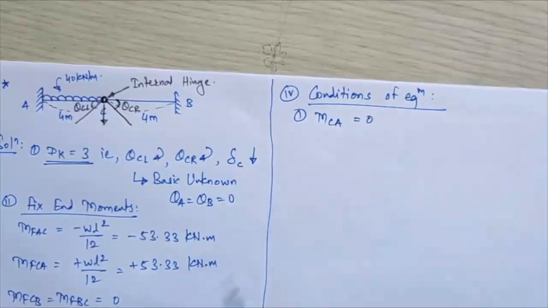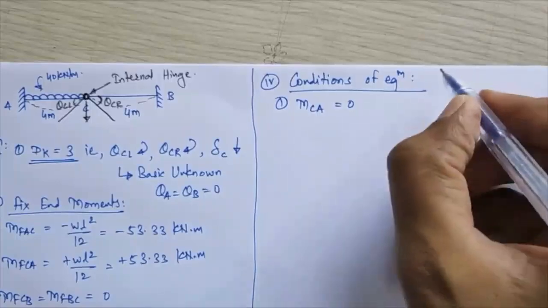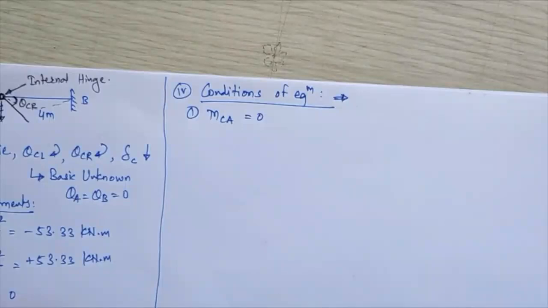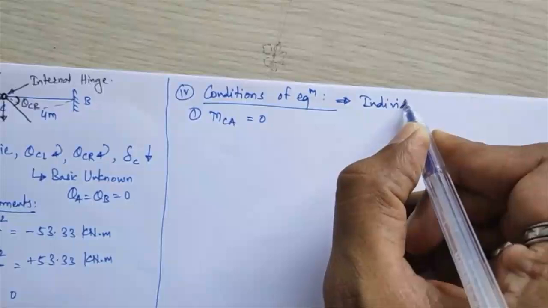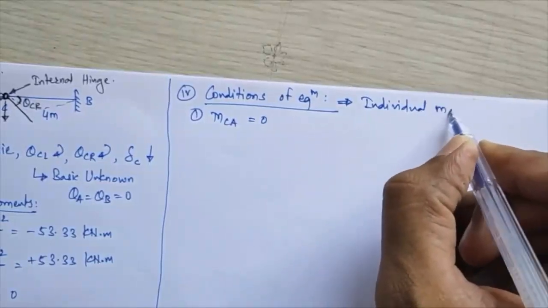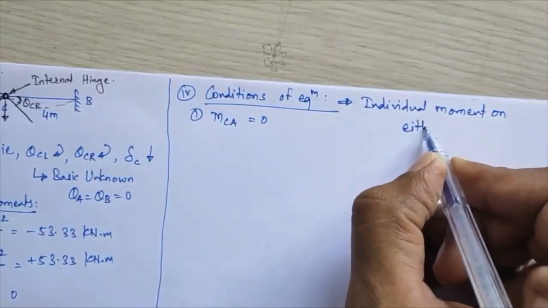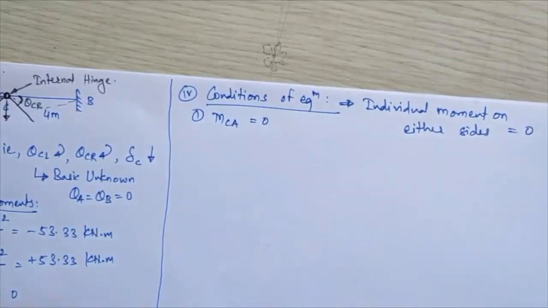MCA shall be equal to 0. Here you can write the property of your internal hinge, that is, individual moment on either sides is equal to 0.